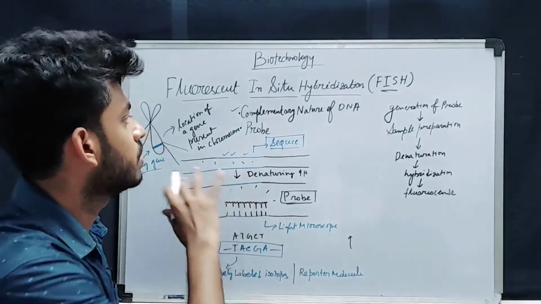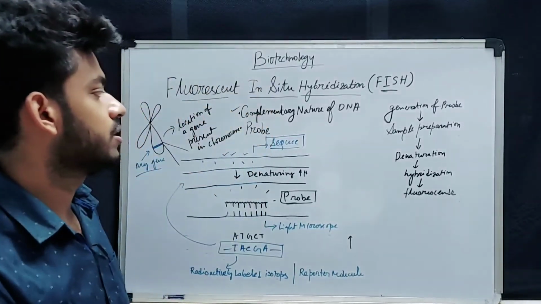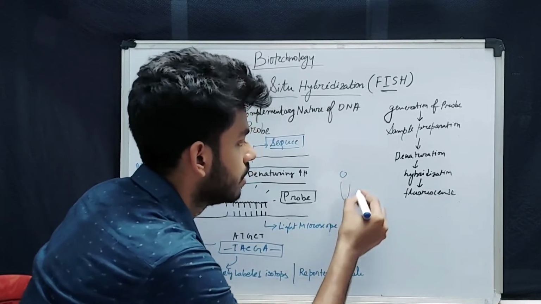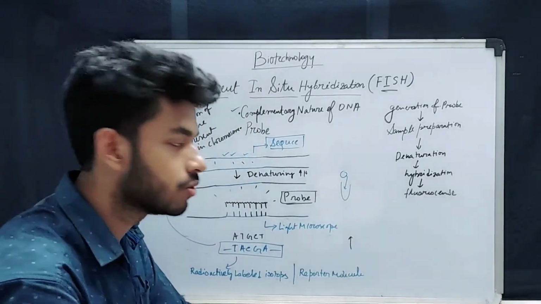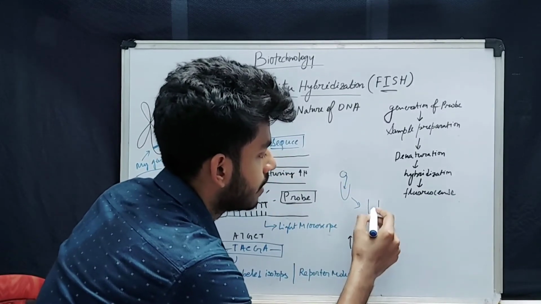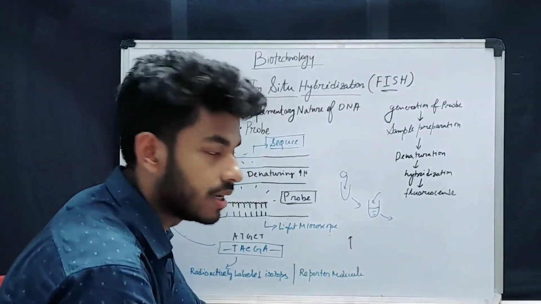So I have told you the principle of the process and how the process is done. You extract a cell sample into a test tube. You rupture the cell, and some solution is added in which the DNA is freely roaming. You now denature the solution.